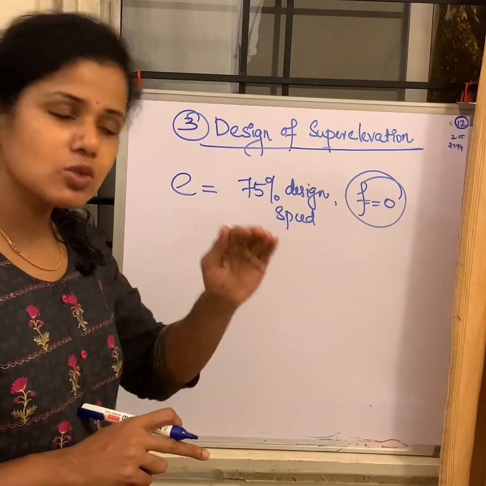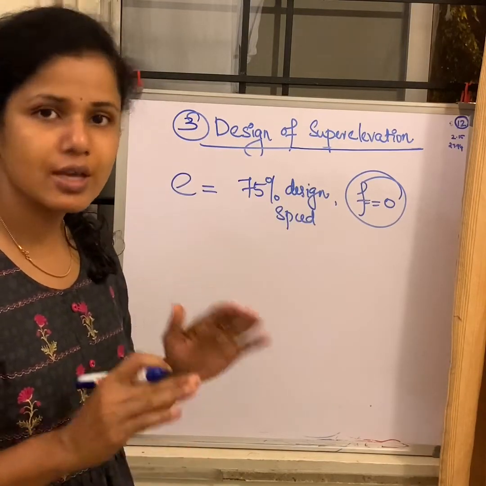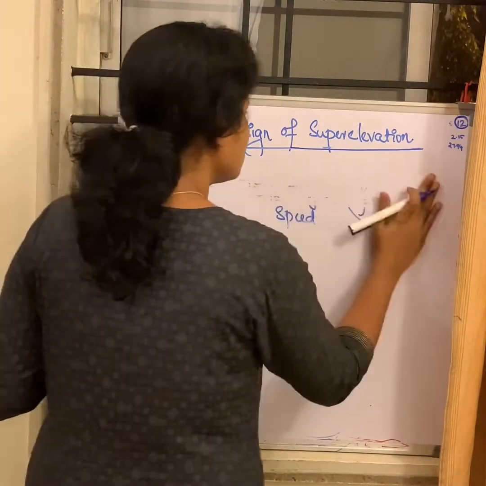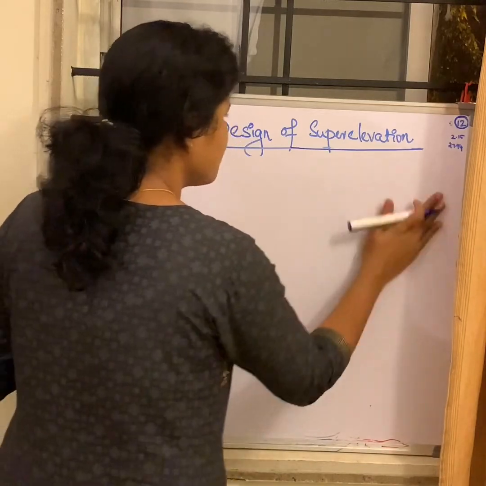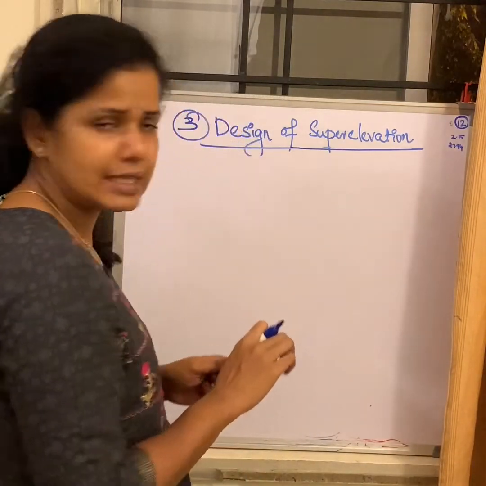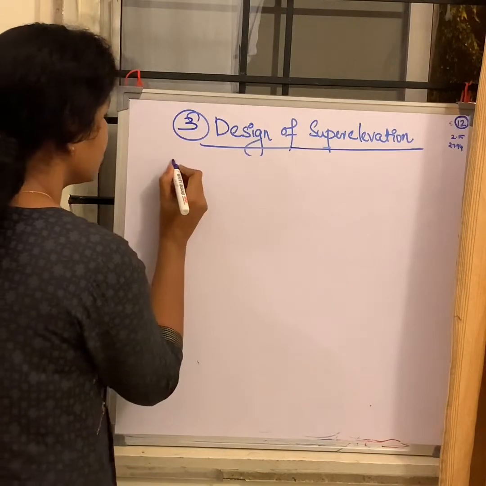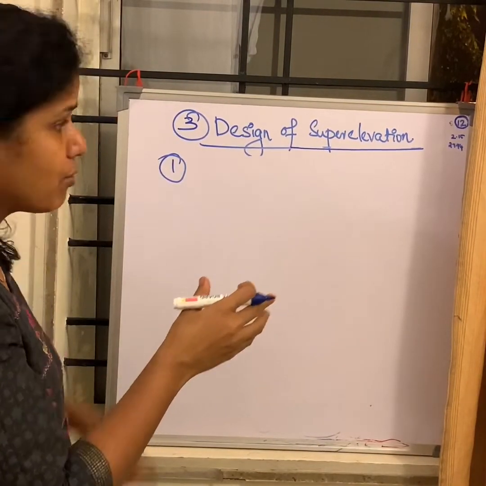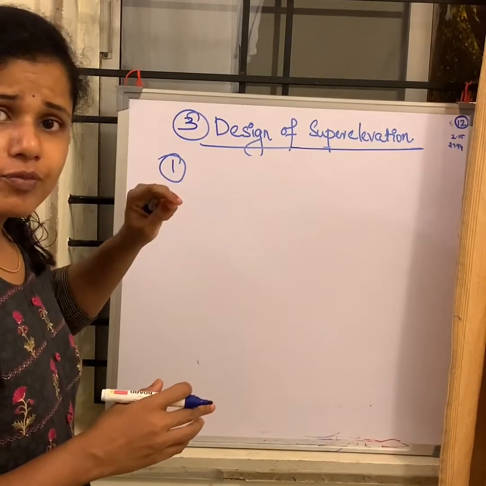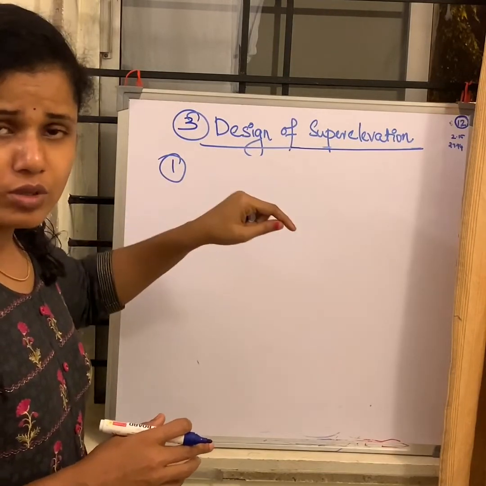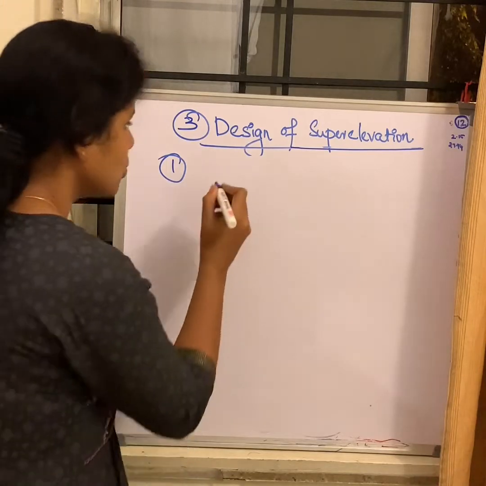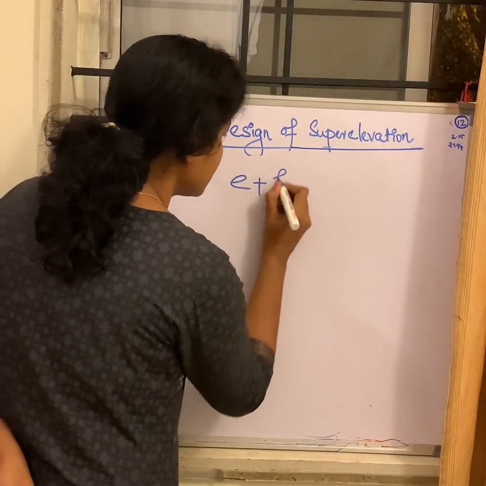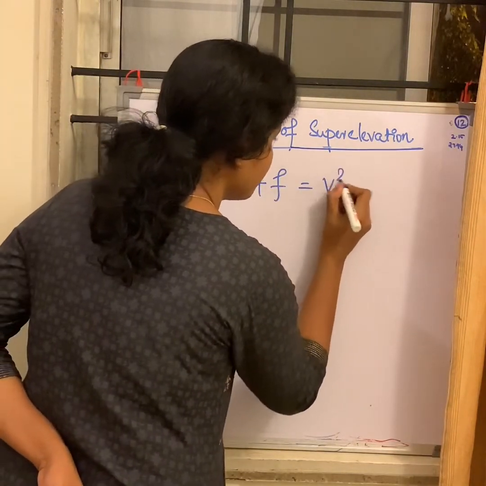Now let's look into the stepwise design of the IRC recommendations. It's going to be a typical 4-step process. Let's discuss it in detail. In the very first step, let's rewrite the super elevation equation and the design recommendation that we just explained. We know that super elevation is E plus F equal to V square by gR.